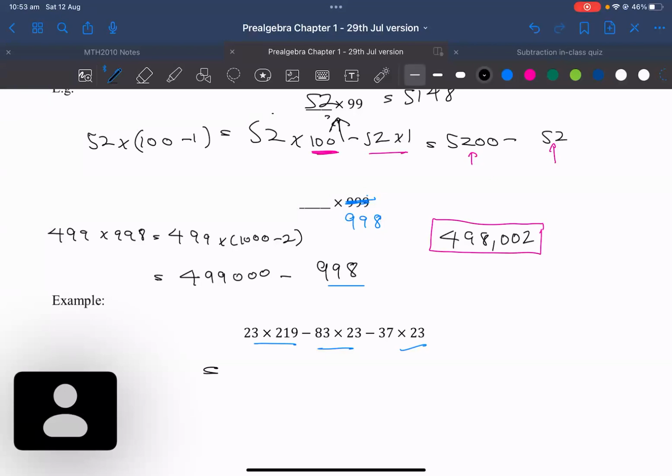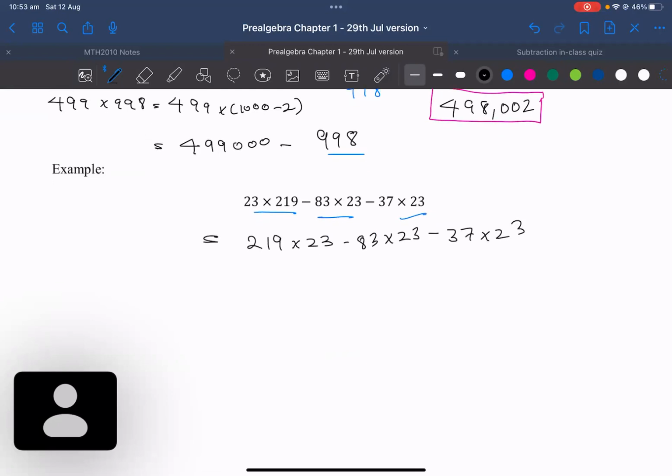what's the common factor here on all three? Yep, 23. First of all, I'll rearrange it to bring the 23 to the right side on all of them, so that I can take it out easier. Now that's a common factor of 23, so I'm going to take that out. Take that out, 23 here. What do I put inside the bracket? 219.